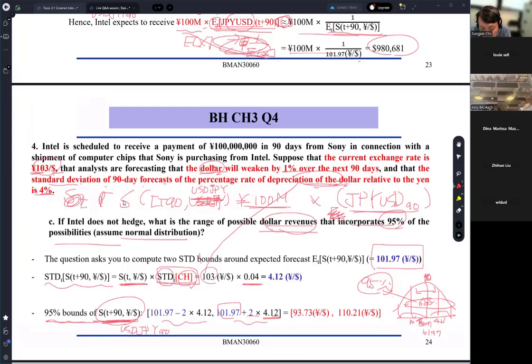So today's exchange rate times 0.04 is 4.12. So this is the standard deviation. This is the mean. So mean plus 2 times standard deviation, mean minus 2 times standard deviation, that's the 95% bound. So these two are the lower bound and upper bound.